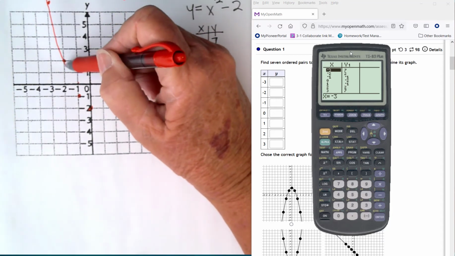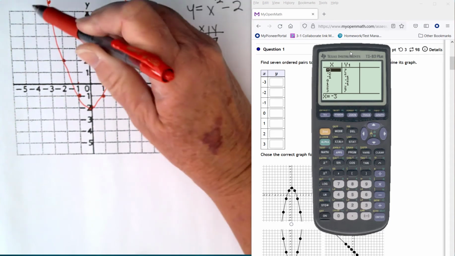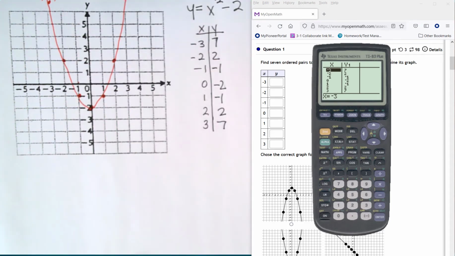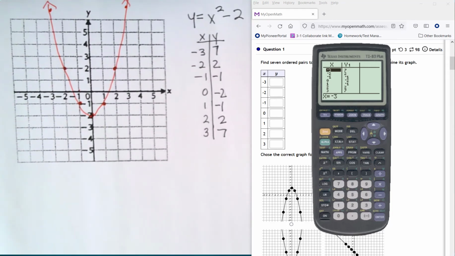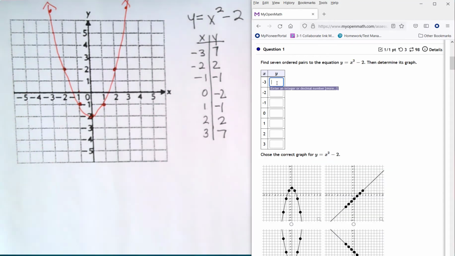And we can connect the dots. We're doing dot to dot today. But there's your graph by hand if you had to replicate it on paper from the calculator. Let's go back and make sure it looks right. It does. Very good. So let's see. We'll enter those just to make sure I didn't mess up.